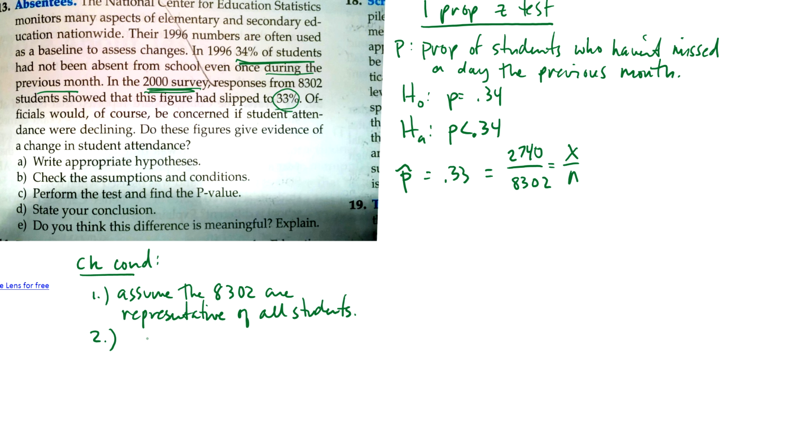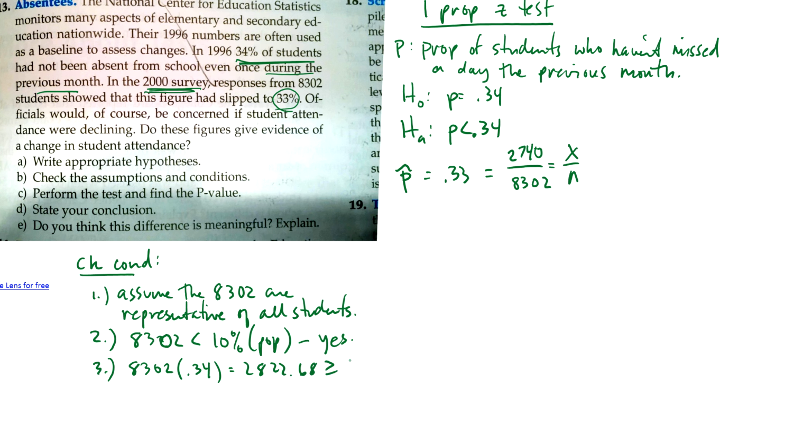Number two, n, 8302, has to be less than 10% of the population. And most certainly there are more than 83,000 kids. Definitely that is true. It's not even reasonable, it's definite. And np, 8302 times 0.34, again you need to calculate this, is 2822.68, which is greater than or equal to 10.